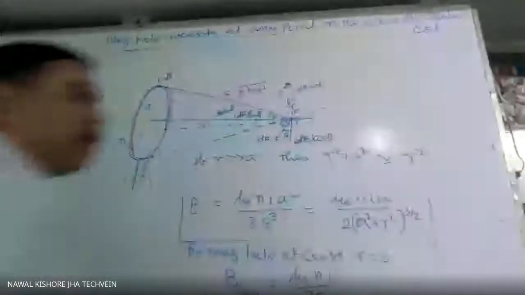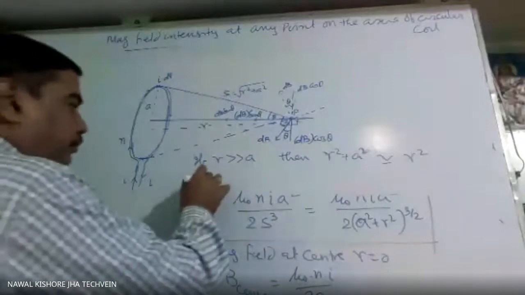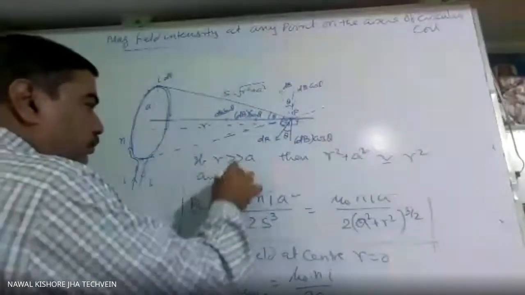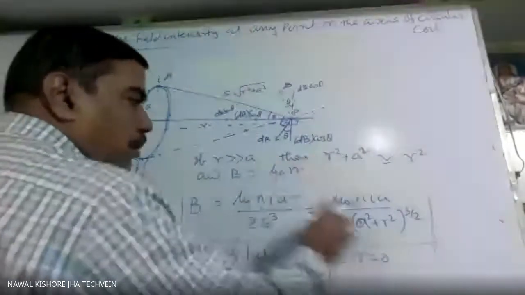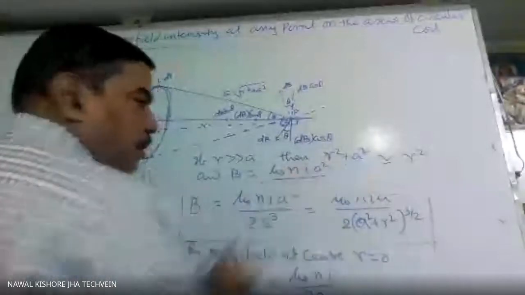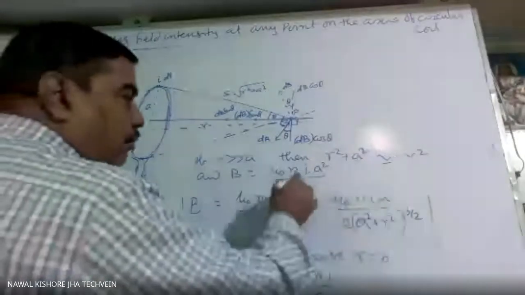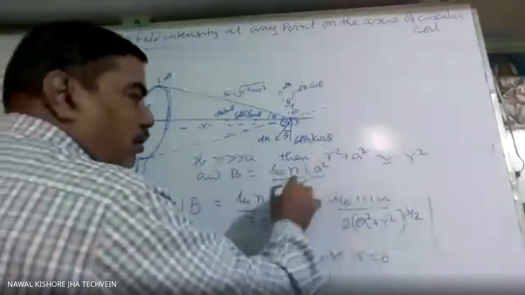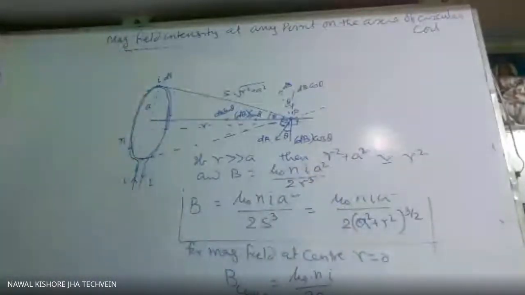So a will be negligible then. Then what will be the magnetic field? Mu naught n I a square over 2r cube will come. Is it correct?